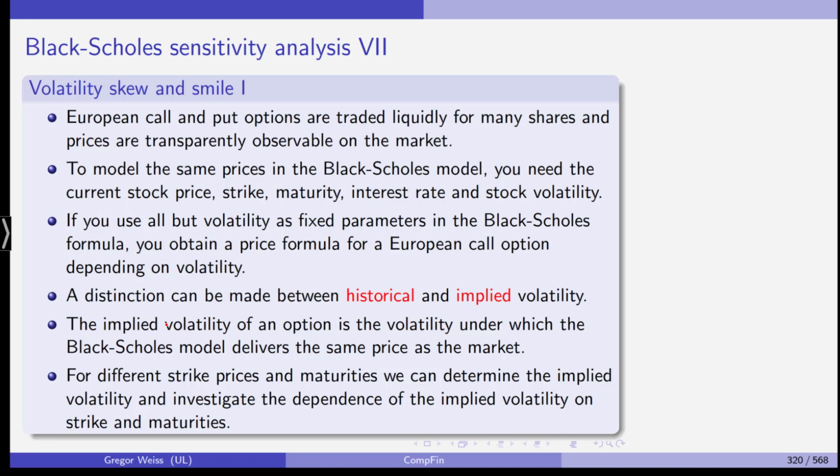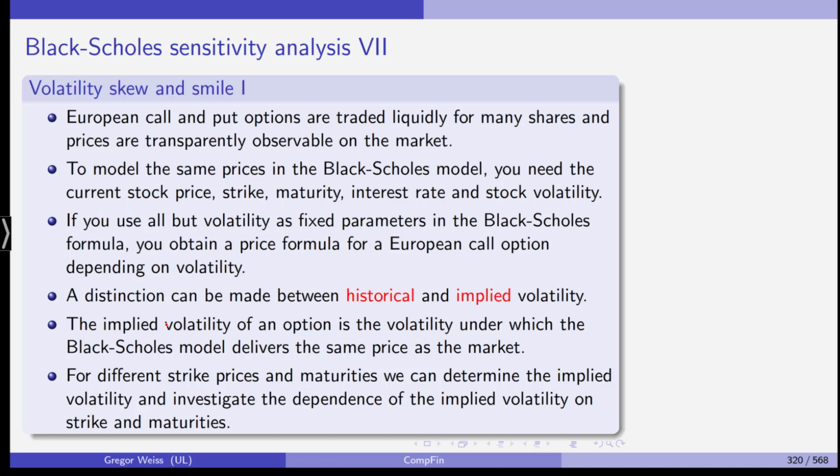And then you can distinguish historical and implied volatility. Historical is simply the volatility you observe on the market. That's real, reality volatility. Implied volatility is if you take the option price and reverse engineer the volatility implied by the Black-Scholes model.